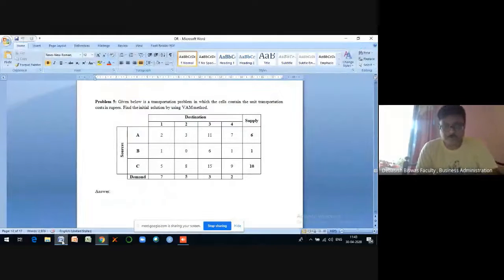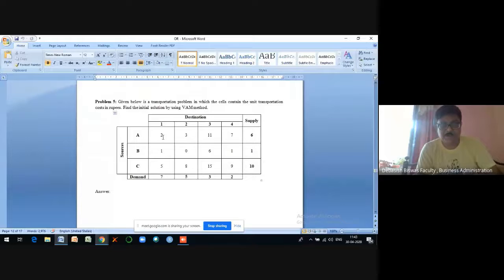So this is the problem, and if you go through it, you will see that there are 4 destination points, 1, 2, 3, 4, and there are 3 sources, A, B, C. We have taken the same problem, but the solution method is different.